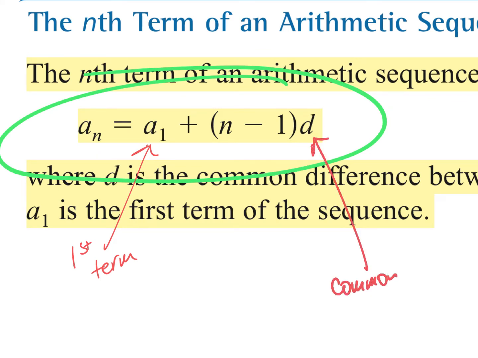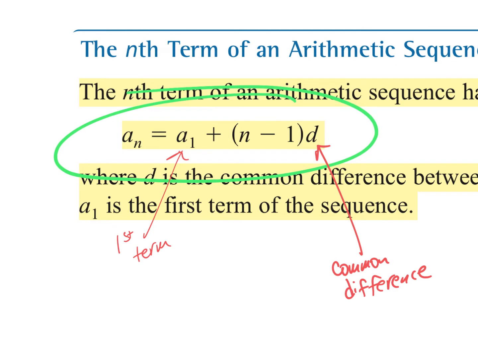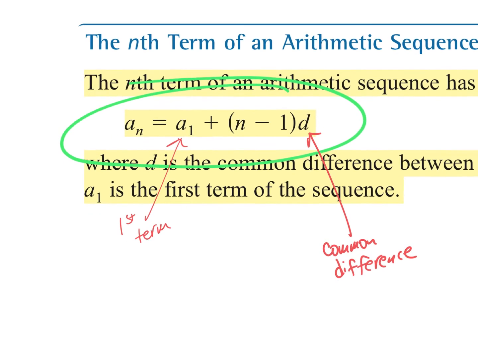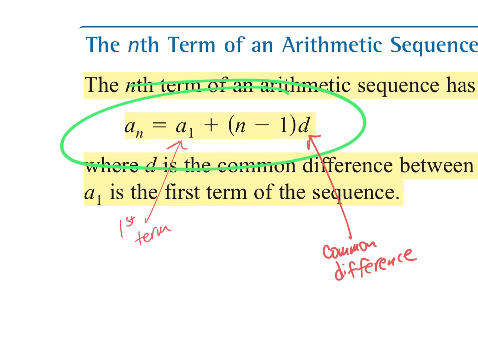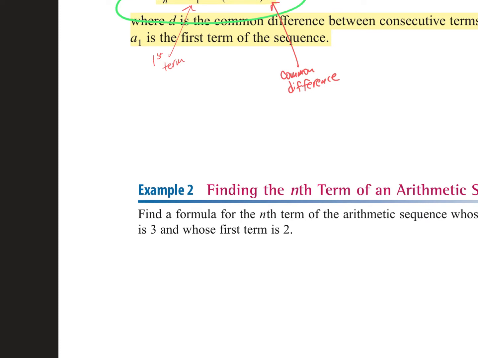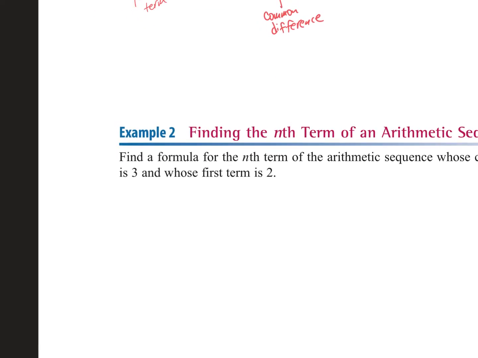That's like our slope. Remember, if you're talking about an arithmetic function, your common difference means I'm adding the same number every time or I'm subtracting the same number every time. So you can use this formula in order to write your explicit rules. So here's an example, right? We're going to do just a bunch of different examples given different pieces of information.